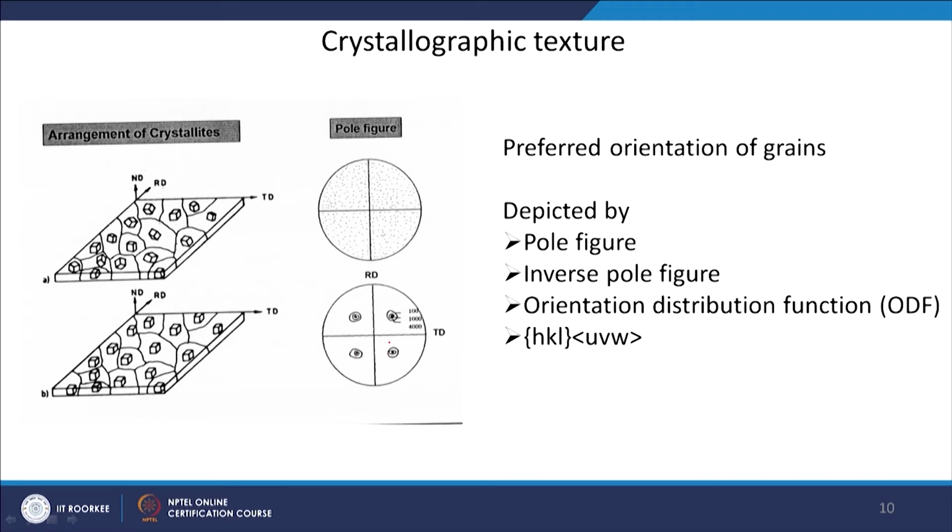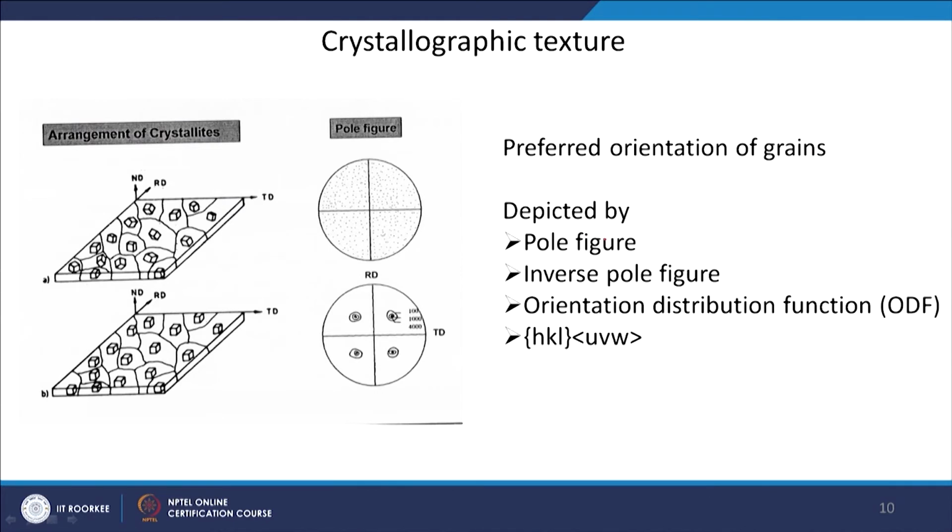And now I will start calling it that maybe the material has texture. Of course, with more grains oriented in a similar fashion, you will have more intensity of the points clubbing together, and I would say it is a strong texture or weak texture and so on, or random texture.